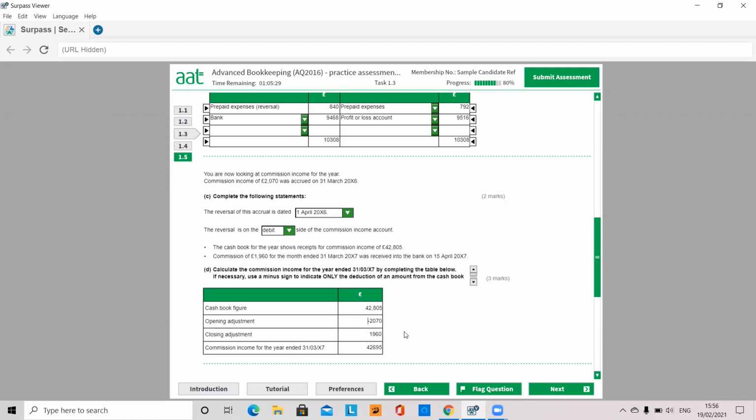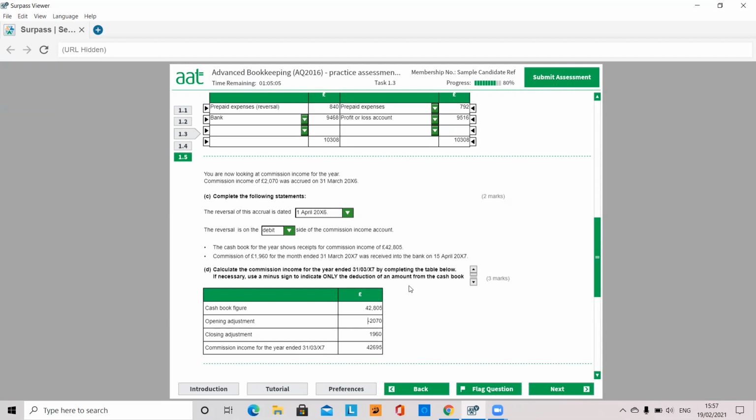Again, on my T account it's far easier, but anyway. So 42,805 is the initial cash book figure. We then need to take off that adjustment from the previous year of 2070, but then we need to add on that commission of 1,960 that's due to us by the 31st of March, but we didn't get until the 15th of April.